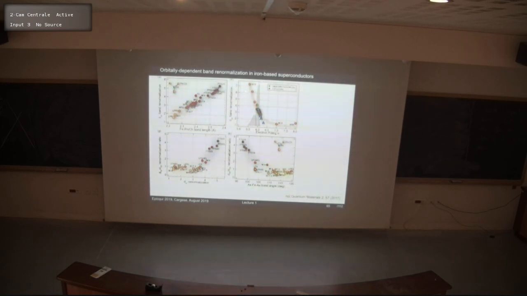So it looks like the hole doping effect drives this, sorry, the DXY band. This is the DXZ band. Something is not right. The DXY is supposed to be the most correlated one, and I think I lost one of the graphs here.